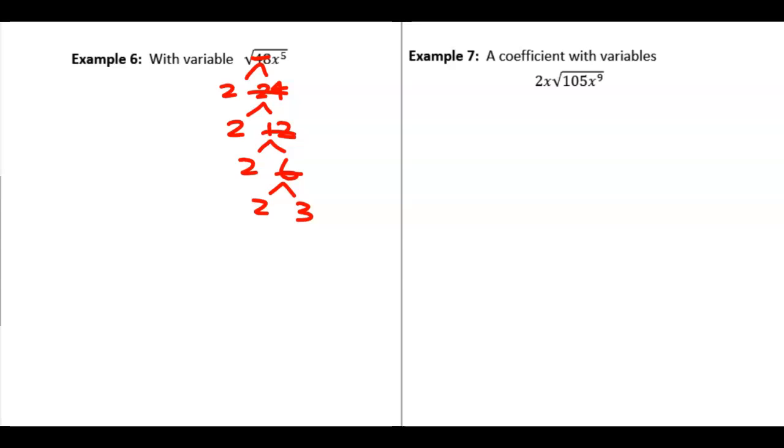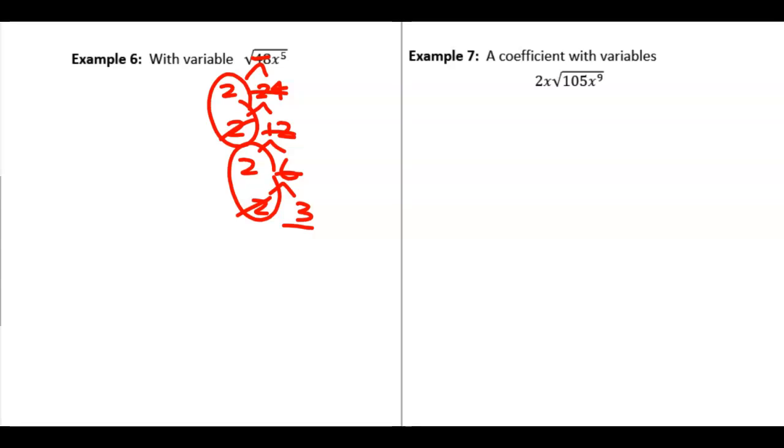Okay. Pair of 2. Pair of 2. Loner 3. Now here's the deal. Before we keep going, how many x's are represented here? 5 x's. Y'all know x to the 5th power means x times x times x times x times x.